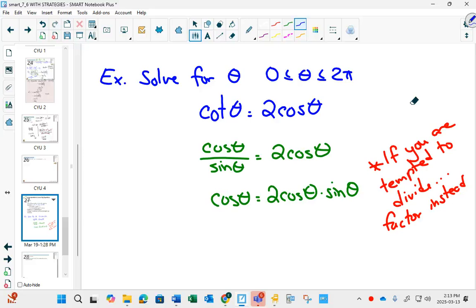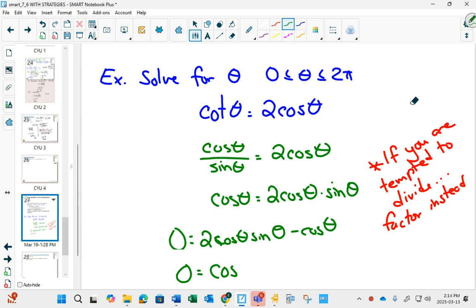So instead, what we do is we move everything over and make one side equal to 0. I can move that cos theta over by subtracting, make one side equal to 0, and then you can factor. Instead of dividing out by cos theta, factor out cos theta as a common factor.